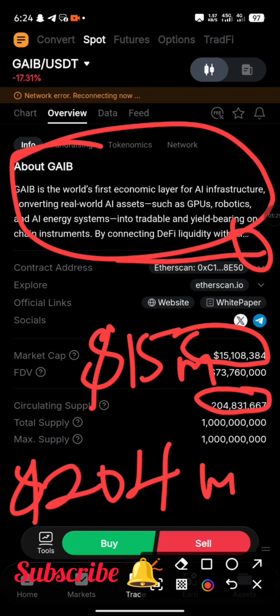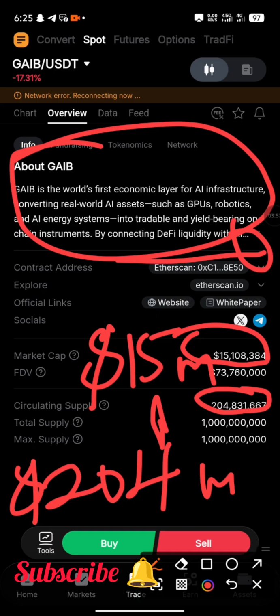Without wasting time, I'll briefly inform you that market cap is the total value of a cryptocurrency in the market, like its total volume. It shows how big or valuable a coin is compared to others.